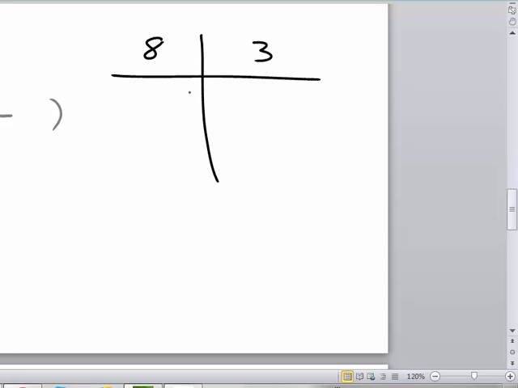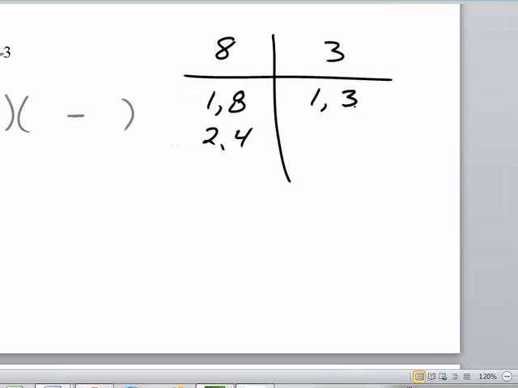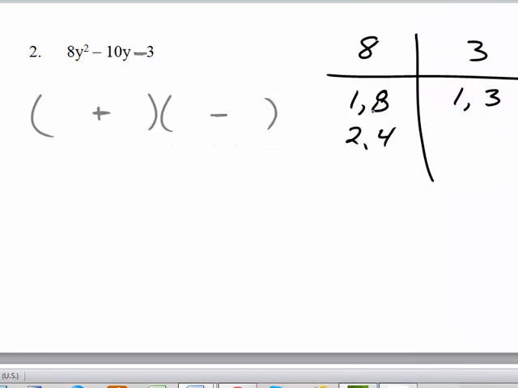The factors of 8 are 1 and 8, 2 and 4, and the factors of 3 are 1 and 3. Since 1 and 3 are the only possibilities, let's put those in. Without a doubt, that has to be true. I always like once again to try the numbers that are closest together, so I'm going to try 2 and 4. So 2y and 4y, and let's try the outer and the inner.